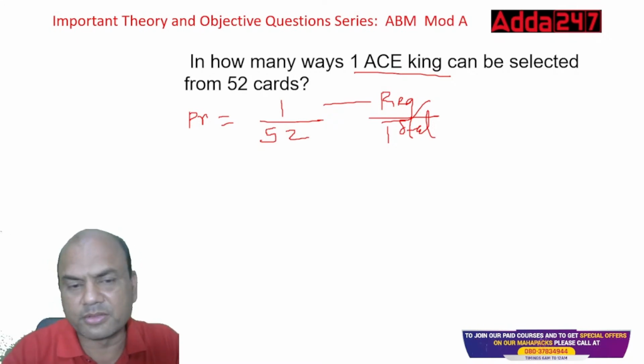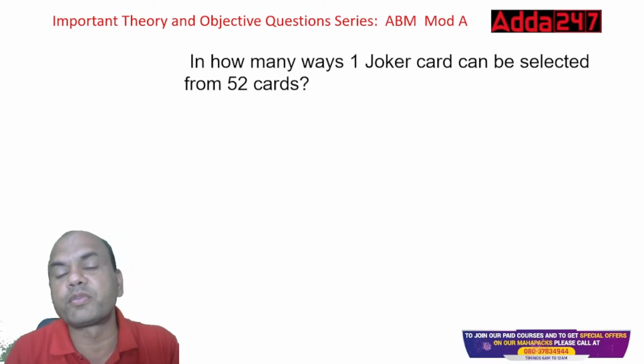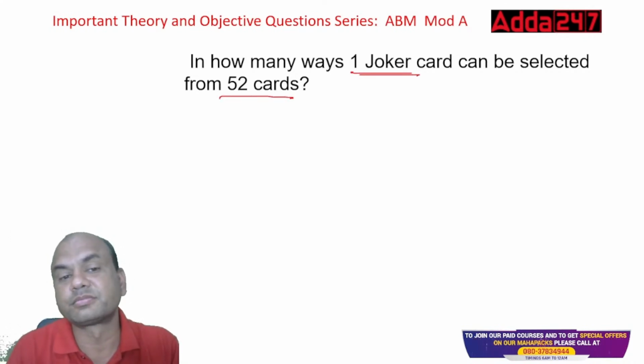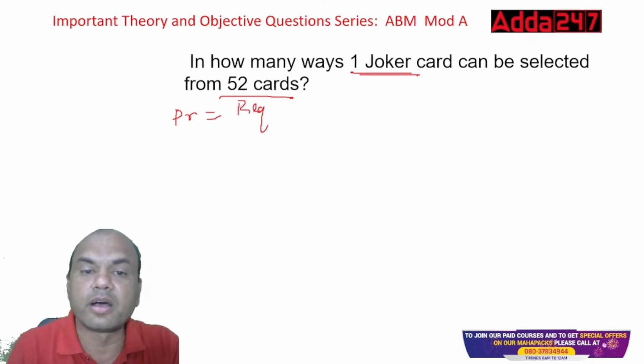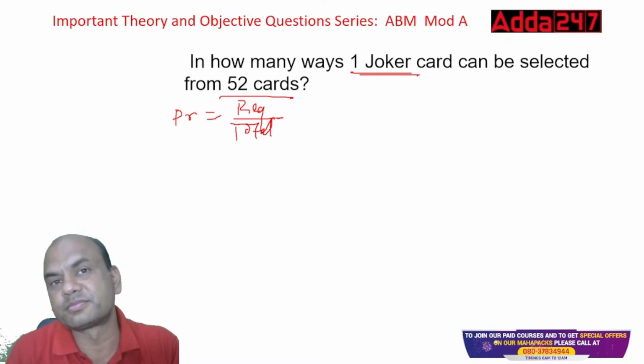So got it? Simple. In how many ways can one joker be selected from a pack of 52 cards? Again, probability equals required upon total, right? What is required? One joker. How many jokers are there in the pack of 52 cards?